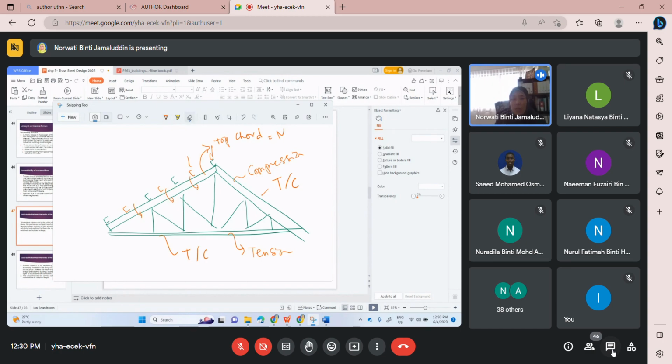So to design the top chord, apart from the bending, you have compression force. I put it as C, compression force. The axial force is in compression.